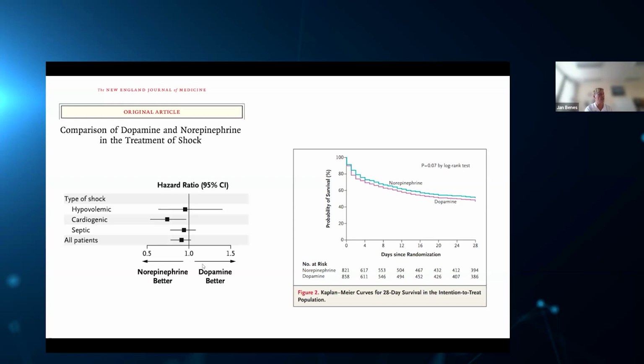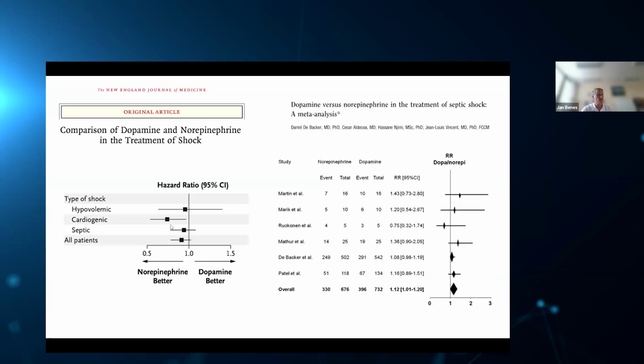And you can see that there was either no difference between dopamine and norepinephrine, or there was higher mortality in the dopamine group. This is more pronounced in patients with cardiogenic shock. And the meta-analysis published by Daniel De Backer and some colleagues later on further supports the fact that dopamine has more side effects in these patients.